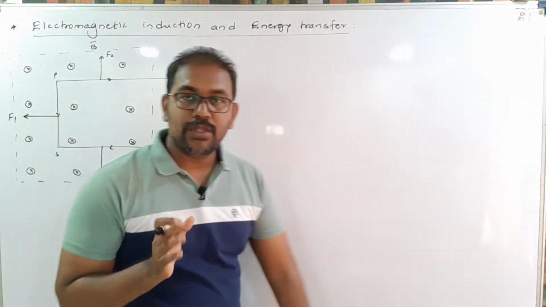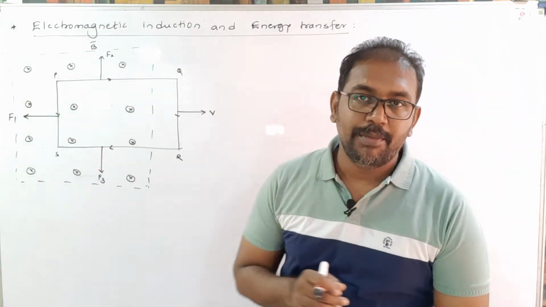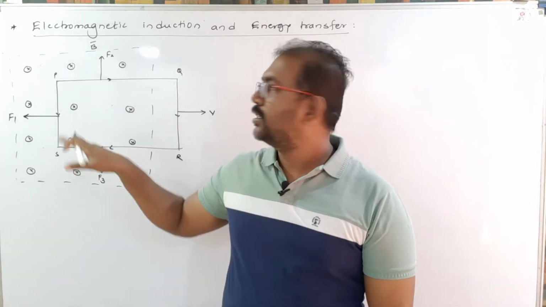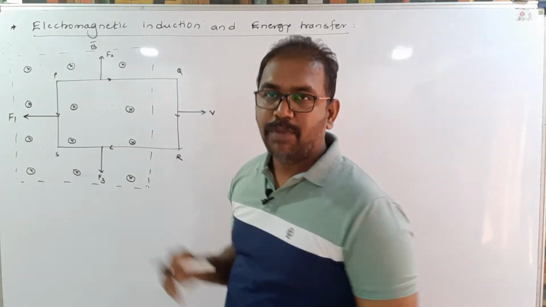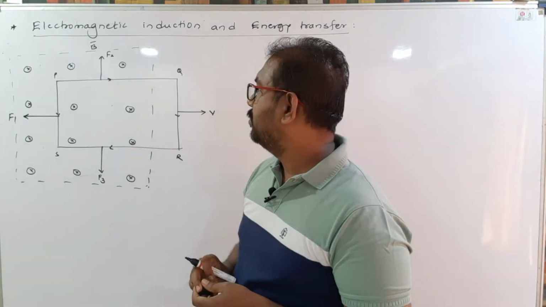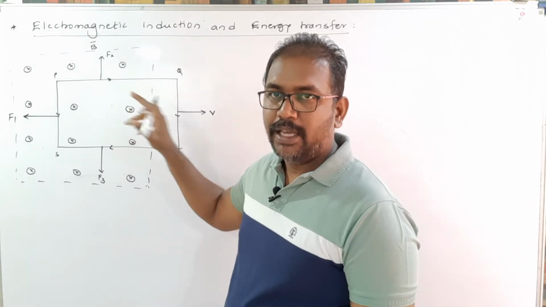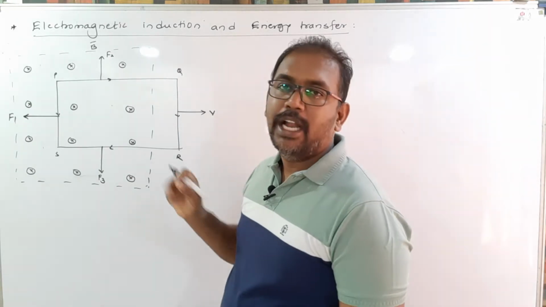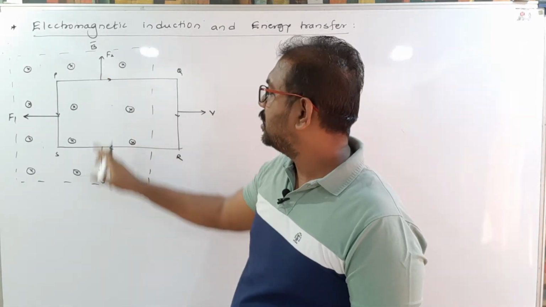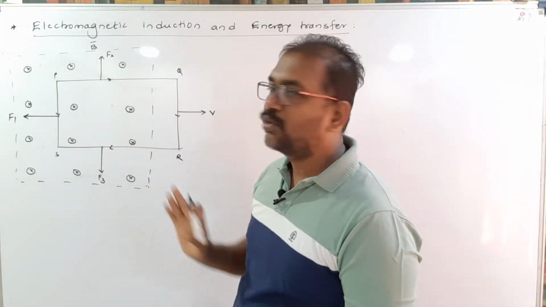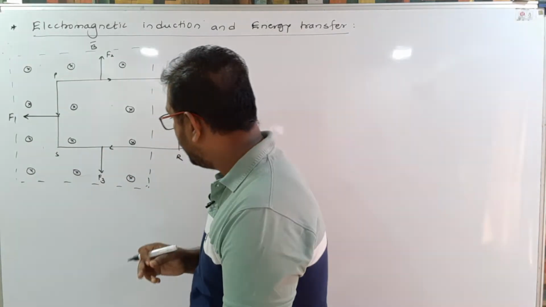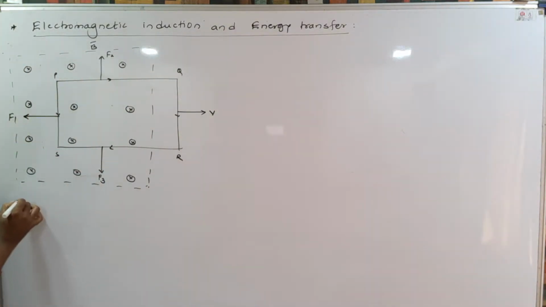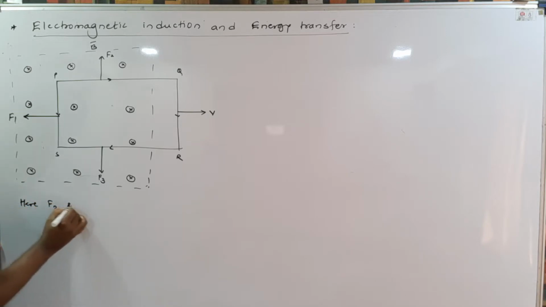The force experienced by both segments is given by the formula ILB sin theta. Here theta is 90 degrees because the length of the conductor and the magnetic field are perpendicular, so the force is ILB. The current is the same, the lengths of both segments are the same, and the magnetic field is the same, so they experience the same force. F2 and F3 are the same, so they cancel with each other.